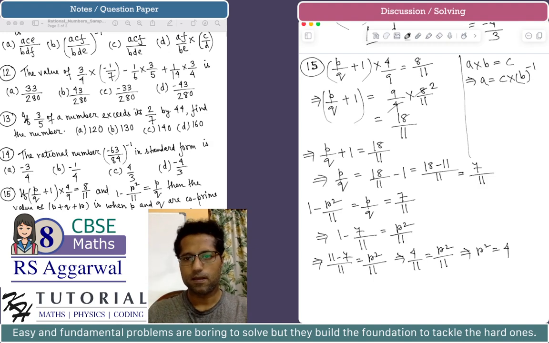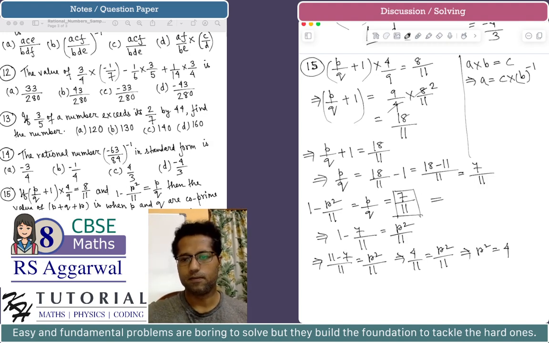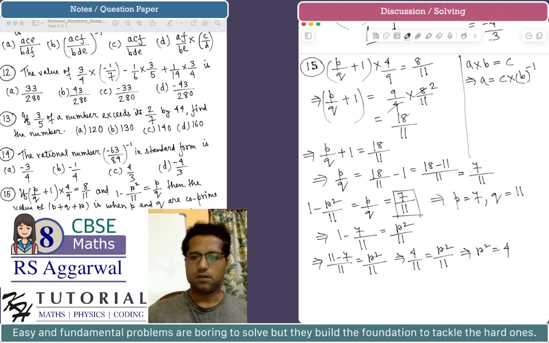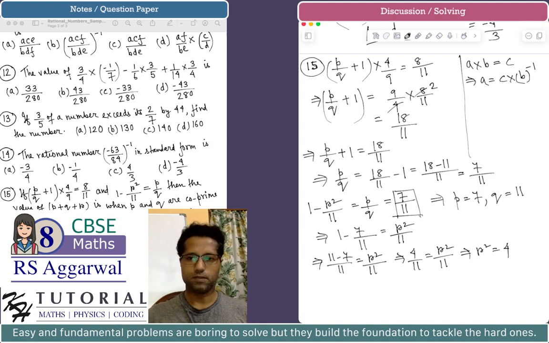Okay. Now we have got P by Q is equal to 7 by 11. We can see that 7 and 11 are co-prime. So hence this will imply that P is equal to 7 and Q is equal to 11. Now also we got that R square is equal to 4. Now if R square is equal to 4, what will be R?